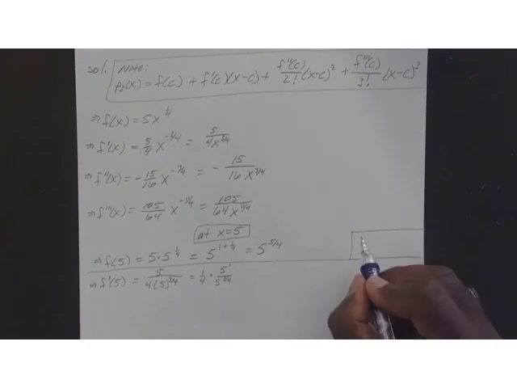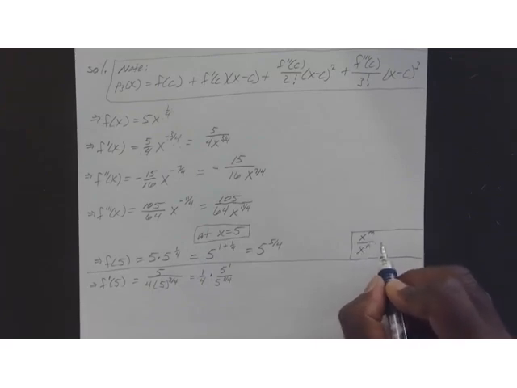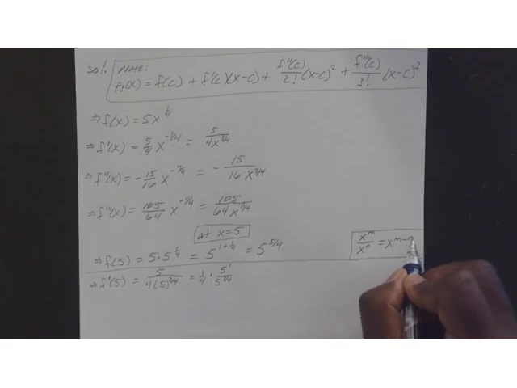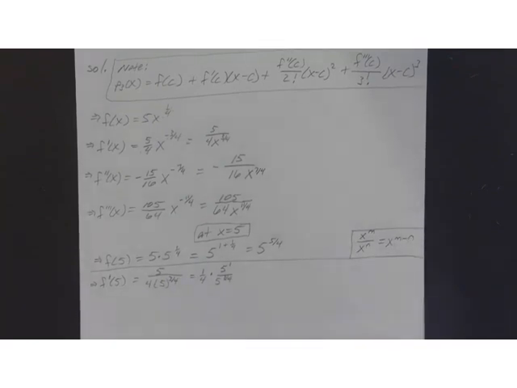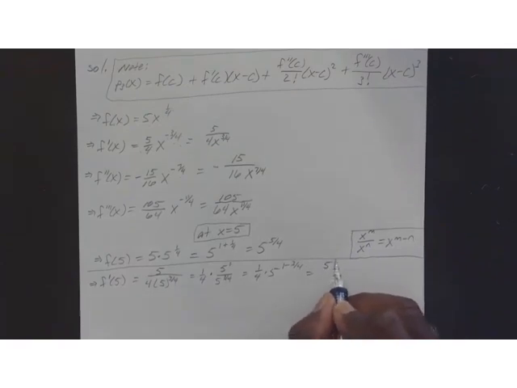Okay, and we can simplify that even more because we know that x to the power of m divided by x to the power of n is x to the power of m minus n. So 5 to the first power divided by 5 to the 3/4 power is 5 to the 1 minus 3/4 power. So 4/4 minus 3/4 is just 1/4. So this simplifies to 5 to the 1/4 power divided by 4.